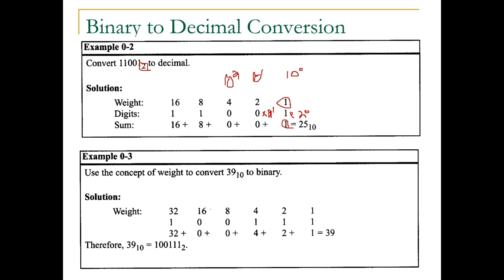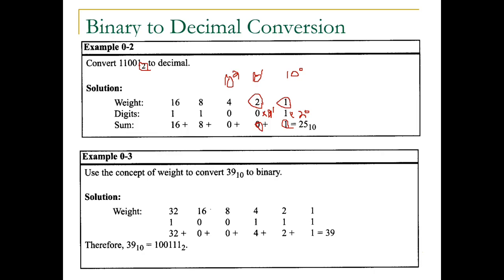The power of 2 is called the weight. So 2 raised to the power 1 is equal to 2, which is the weight of the second binary bit. 2 multiplied by 0 is equal to 0.